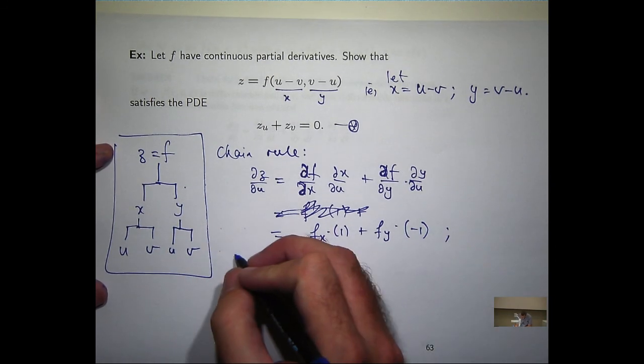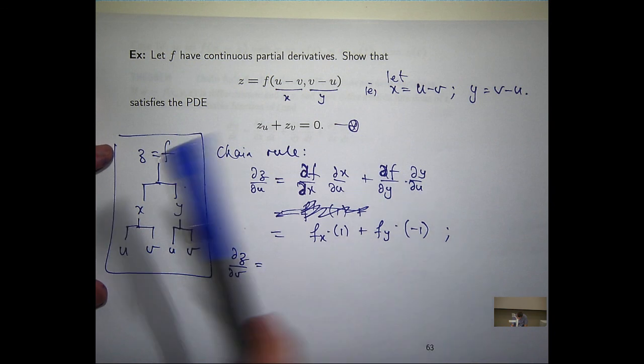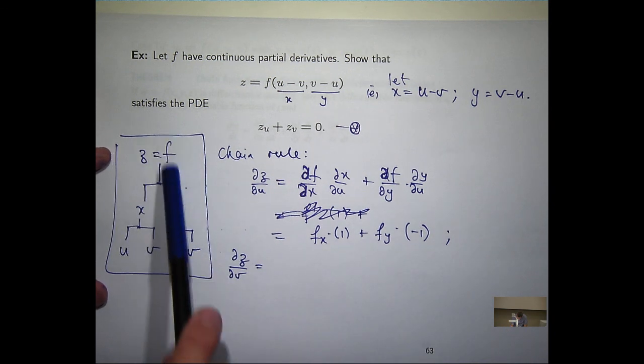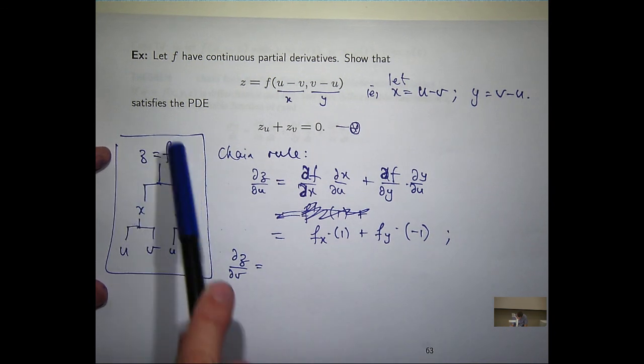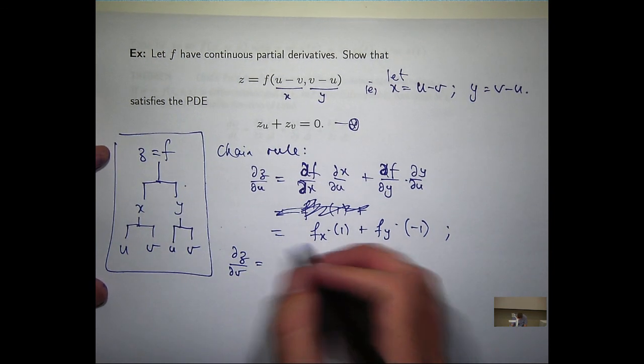Okay, what about dz dv? Well, let's check all the paths to a v. df dx times dx dv plus df dy times dy dv. So again, I'm just going to use subscripts to save a bit of time.